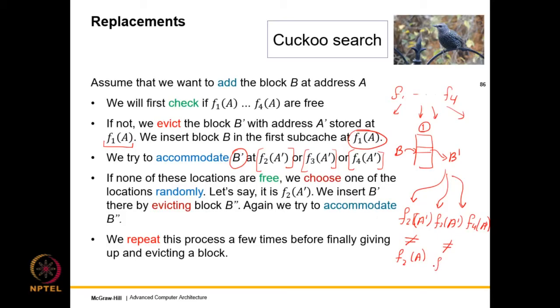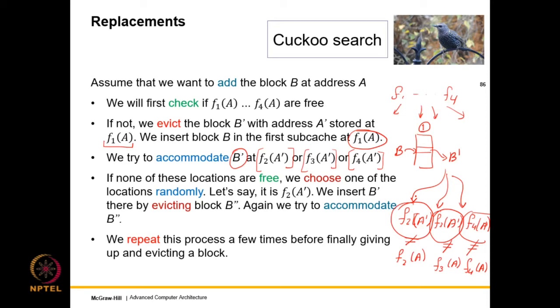F3A dash is most likely not the same as F3A, which we again know to be full, and F4A dash is again not the same as F4A, again with high likelihood, and F4A is something we know to be full. So these are other locations, and it is very much possible that one of these locations may be free.